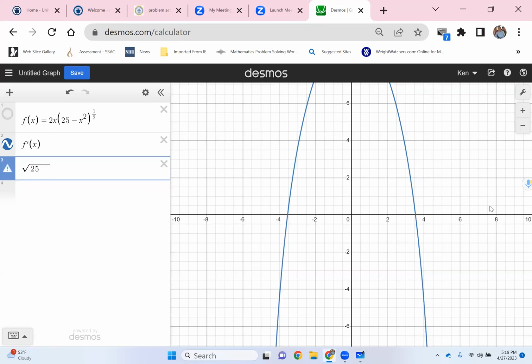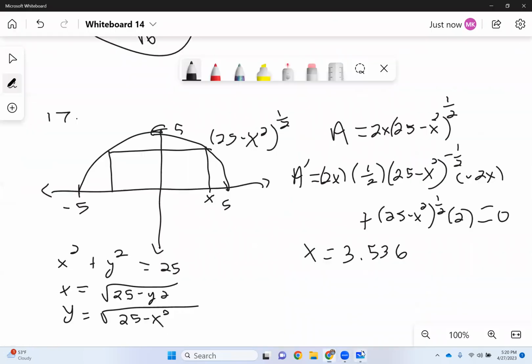But of course, x is 3.536, squared. So it's 3.535. Interesting. So y equals 3.535. And I wish I knew what irrational number that was. I'm sure it's an irrational number, but I don't care that much.